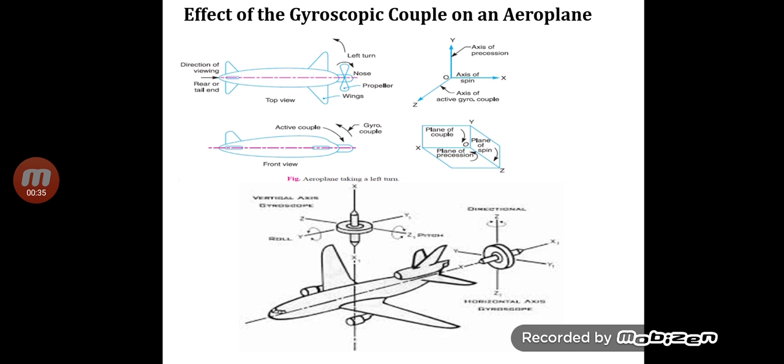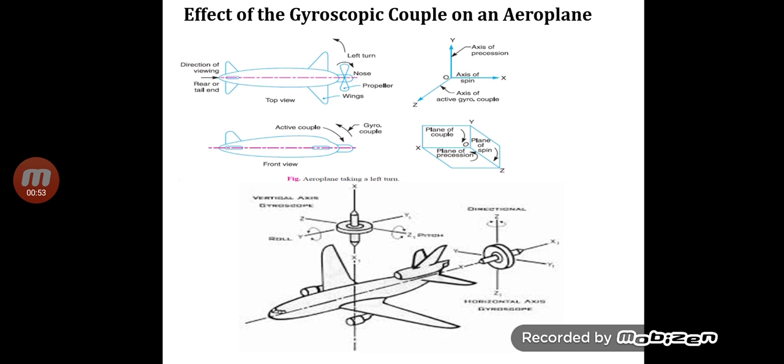force on that wheel. Now we are going to see which uses in our daily life are encountered by means of this gyroscopic couple, or on which the gyroscopic couple is acting.